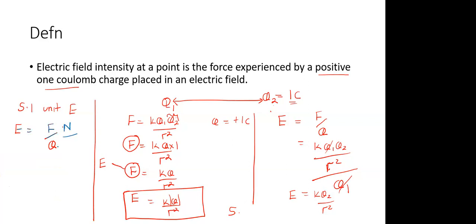Divided by what are the units for a charge? A coulomb. Yes, so you have newton over coulomb, which we give as newton per coulomb. So the unit for electric field intensity is newton per coulomb, or at times you can use volts per meter. They are the same. So you can use any of those two.